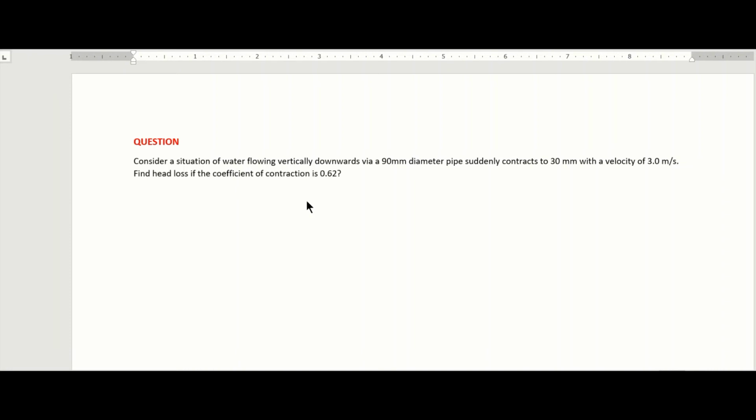So let's solve this question. It says, consider a situation of water flowing vertically downwards via a 90 millimeters diameter pipe that suddenly contracts to 30 millimeters with a velocity of 3.0 meters per second. Find the head loss if the coefficient of contraction is 0.62. So I can just draw a sketch.